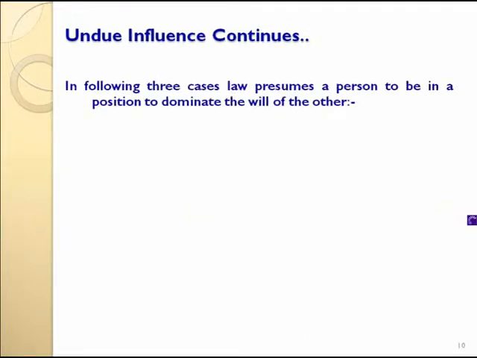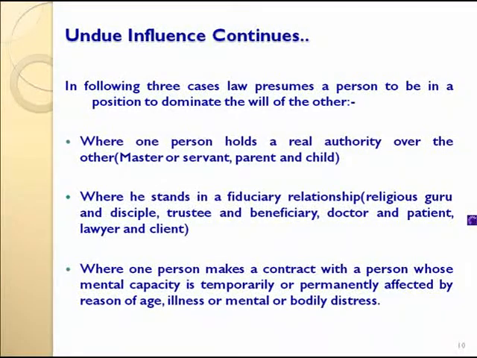Again, undue influence continues. In the following three cases, the law presumes that a person is in a position to dominate the will of another party. These are 3 points where the law itself assumes that one party had the power to change the opinion of the other party, particularly for acceptance of the proposal. First is where one person holds real authority over the other. For example, the relationship between servant and master, child and parents.